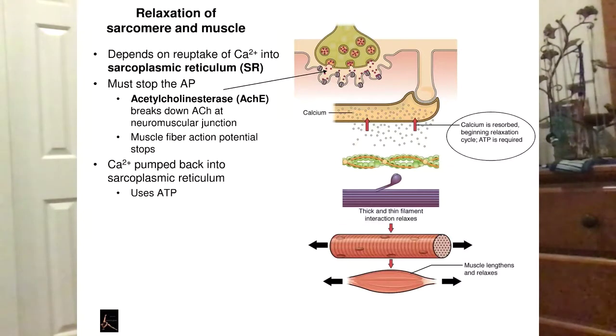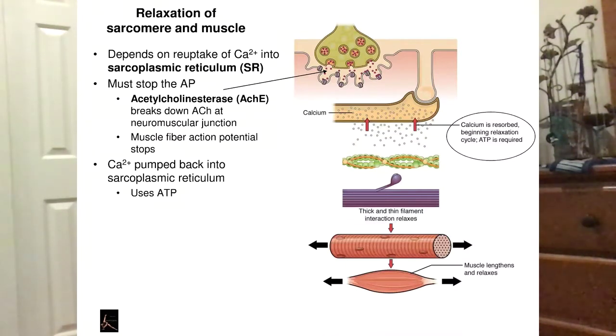So this is an enzyme that breaks down ACh. So that's how we clean the ACh out of the synaptic cleft. AChE, it's always in there, and it just starts breaking down acetylcholine. And when the motor neuron stops releasing acetylcholine, then the AChE can catch up and clean it out of there.